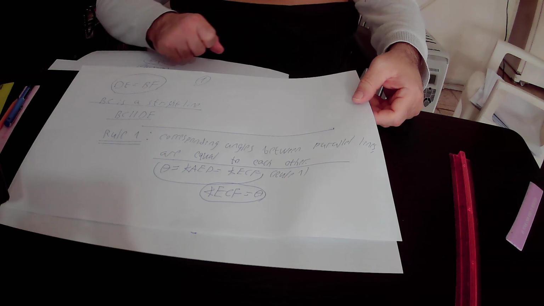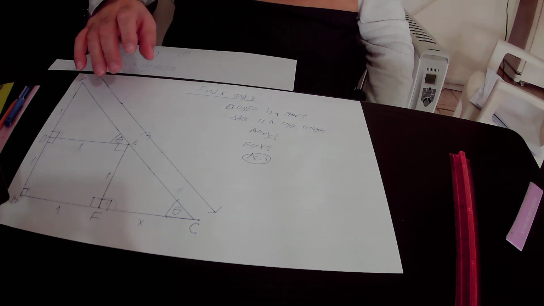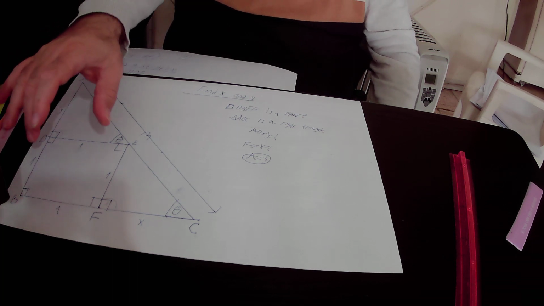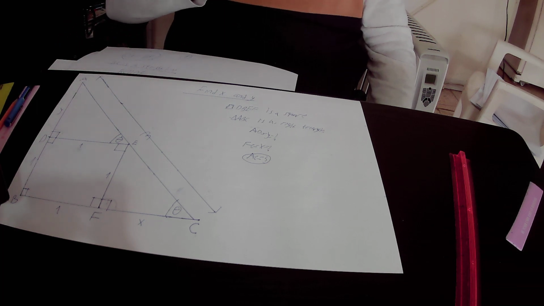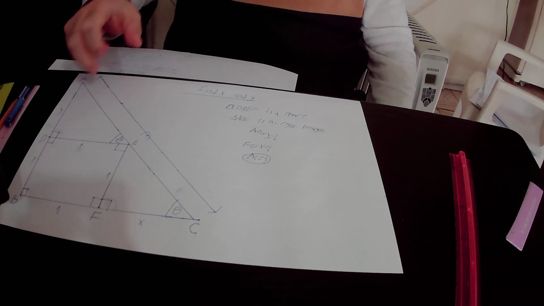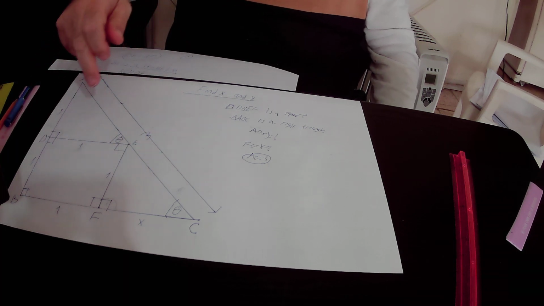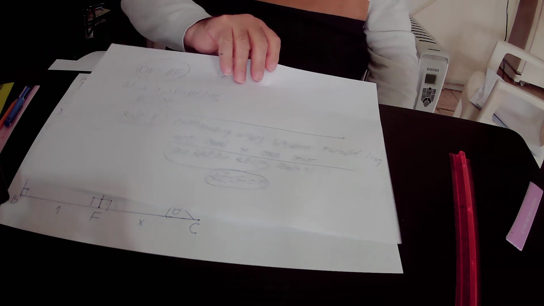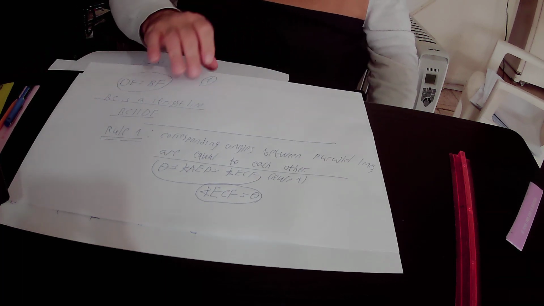We know that part of the straight line BC, that is BF, is parallel to DE. So if part of a straight line is parallel to DE, then the straight line itself, BC, will also be parallel to DE. Therefore, BC is parallel to DE.